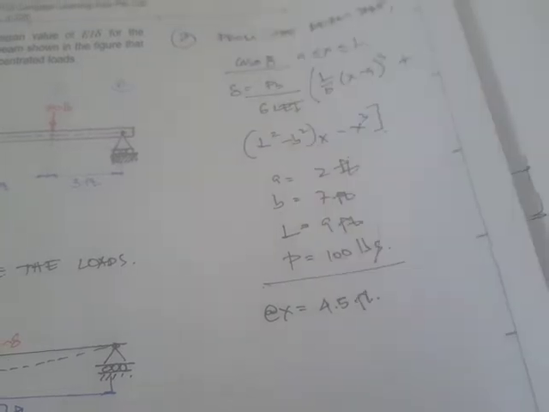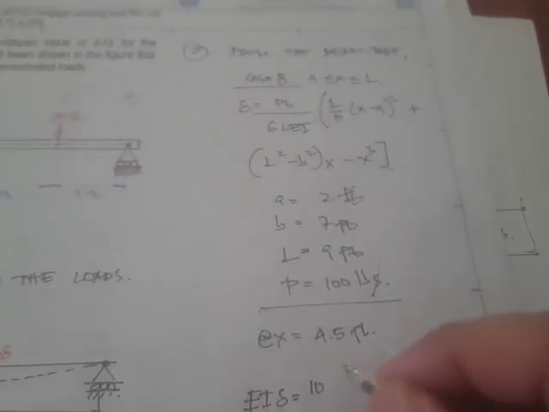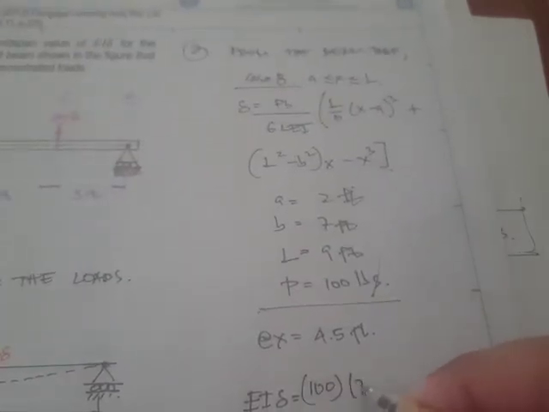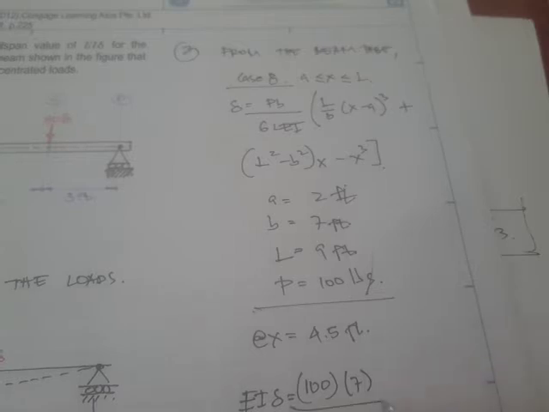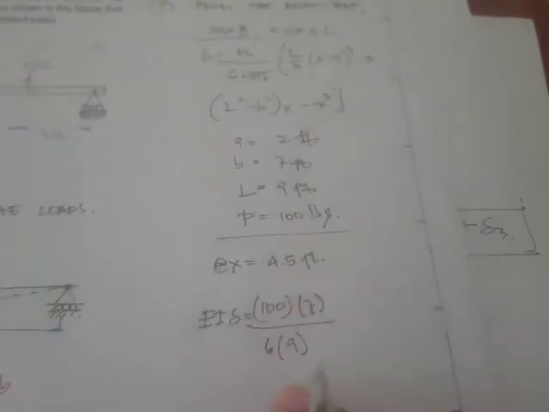Okay, since we don't have the EI, let's just leave it that way. So EI times the deflection is just equal to, okay, what is P? Let's just write it here, 100 times 7, that's our distance P, and 6 times the 9, the length.